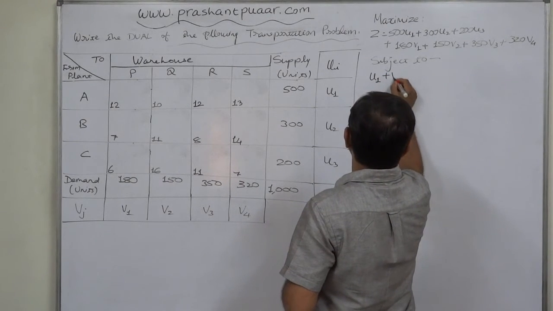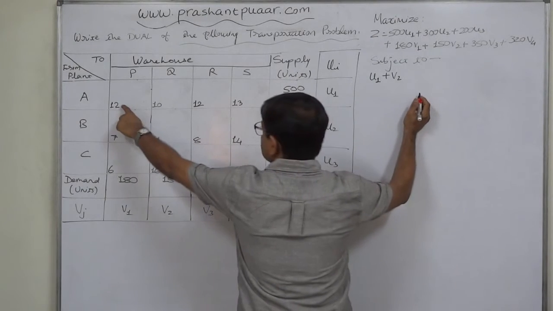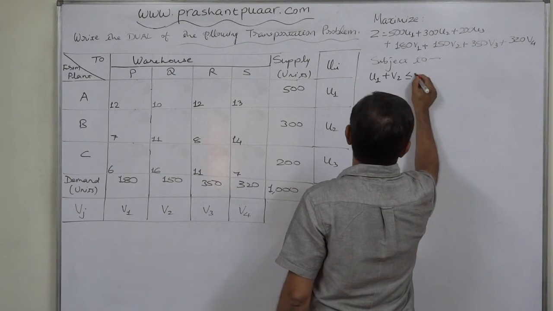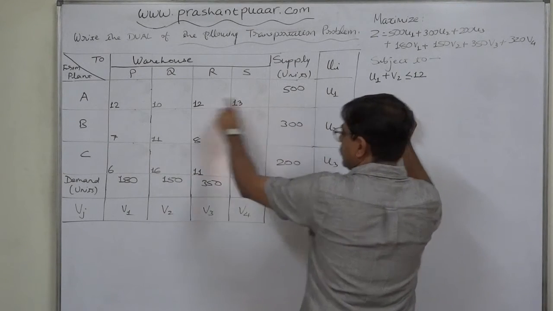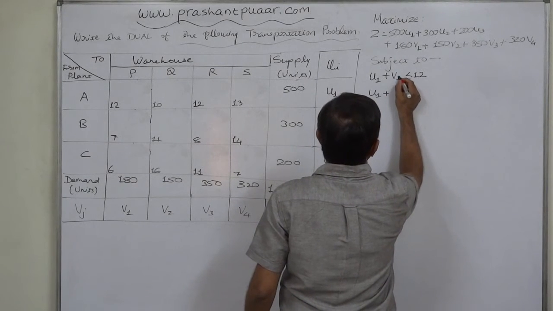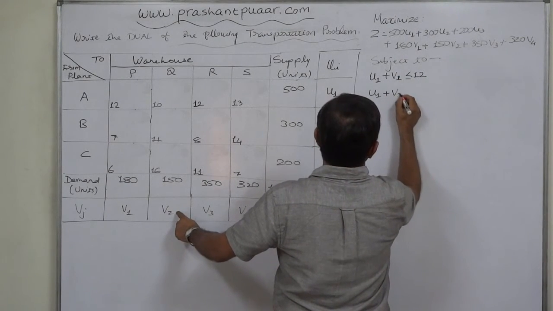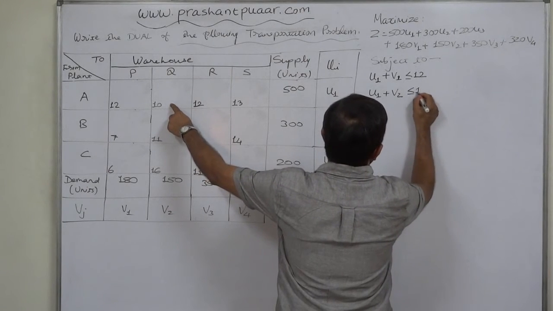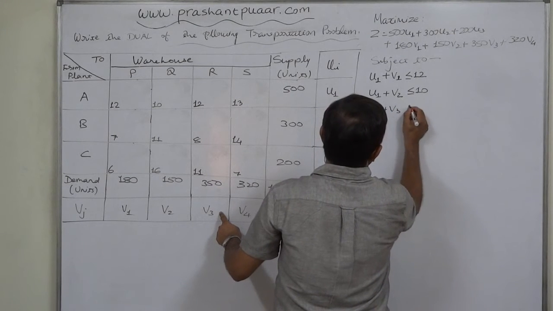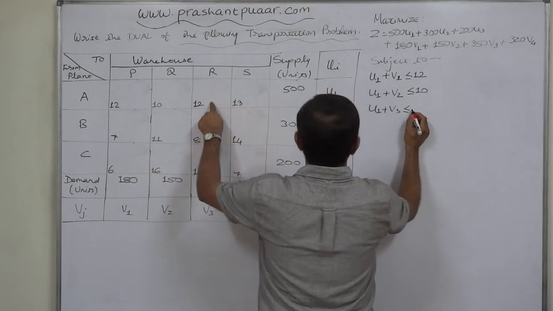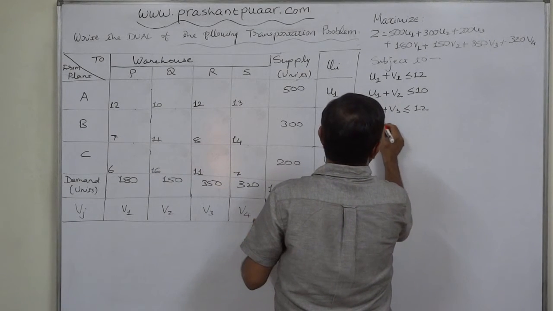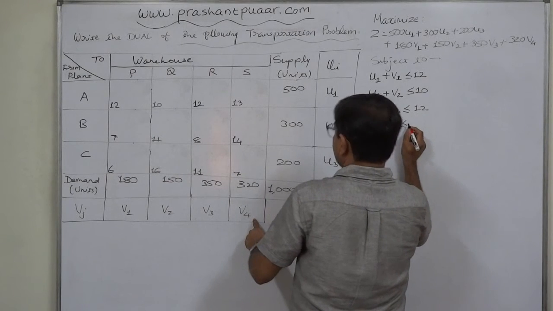U1 plus V1 less than or equal to 12. Similarly, U1 plus V2 less than or equal to 10, U1 plus V3 less than or equal to 12, U1 plus V4 less than or equal to 13.